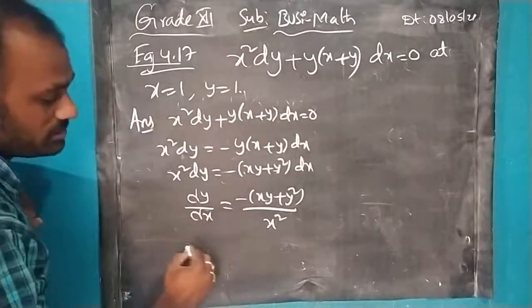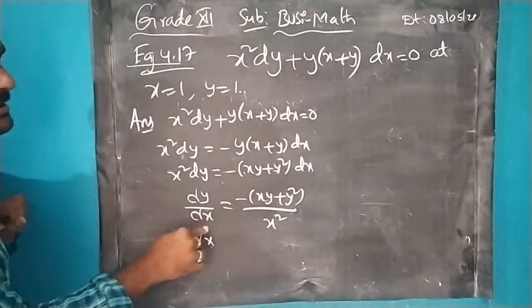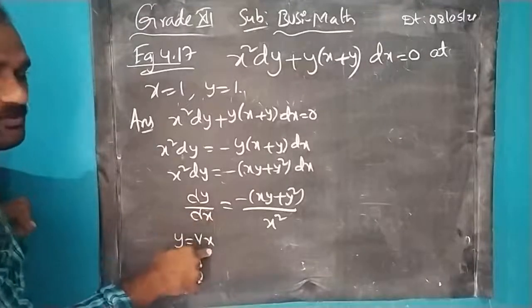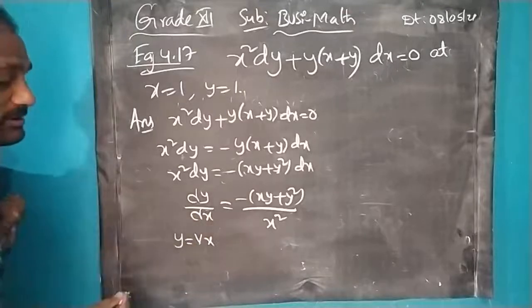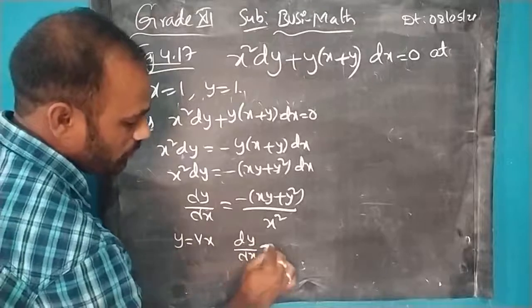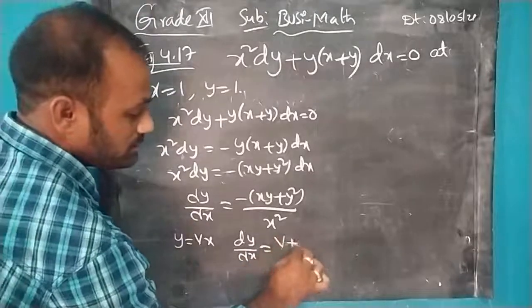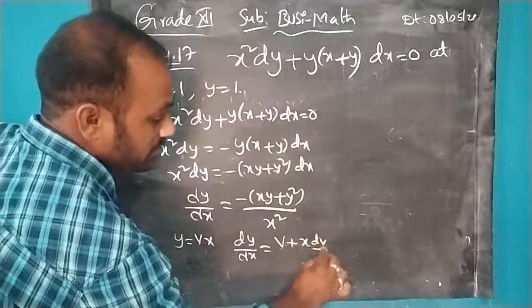Now after getting a homogeneous differential equation, what do you take? y is equal to vx. Since it is x, vx. If it is p, vp. If it is q, vq. So if I differentiate on both sides, it will become dy by dx is equal to uv, so v first function as it is, plus x dv by dx.